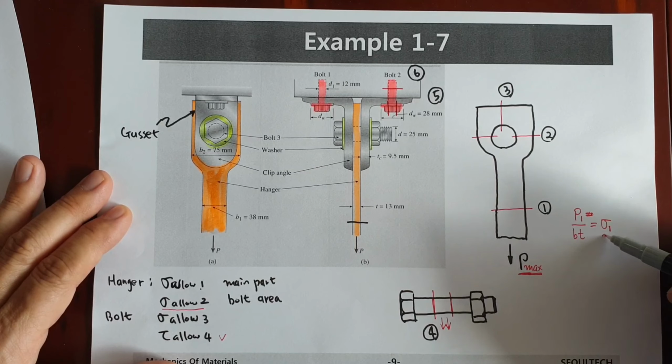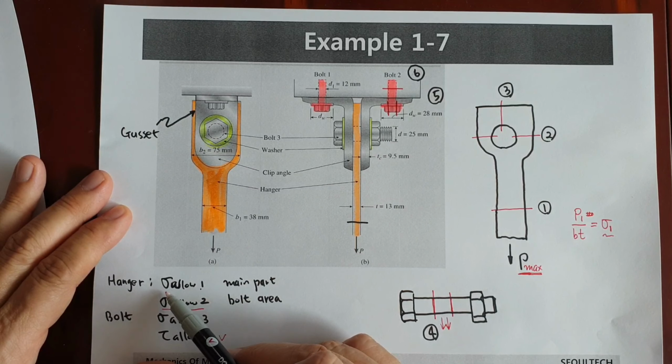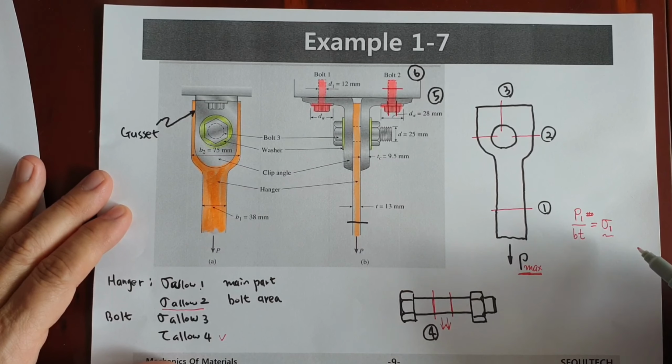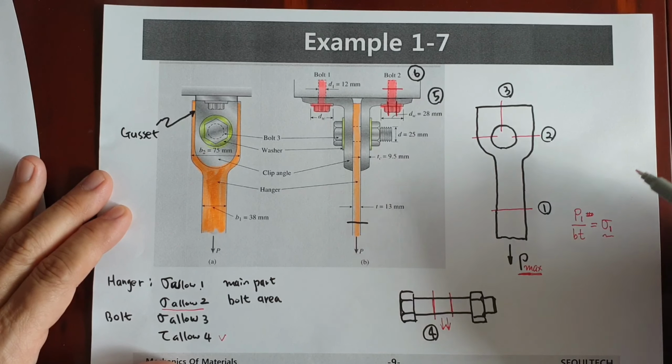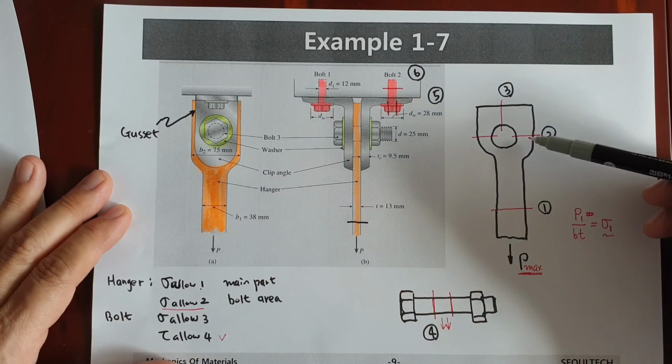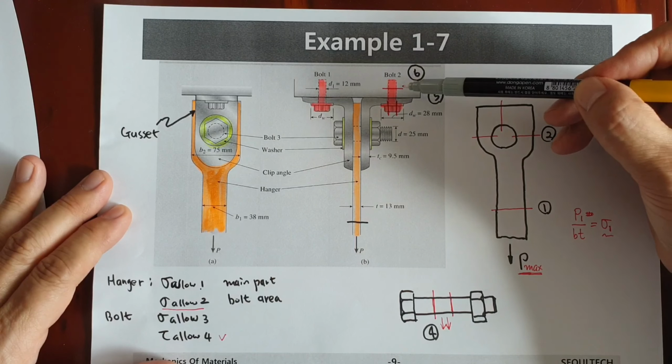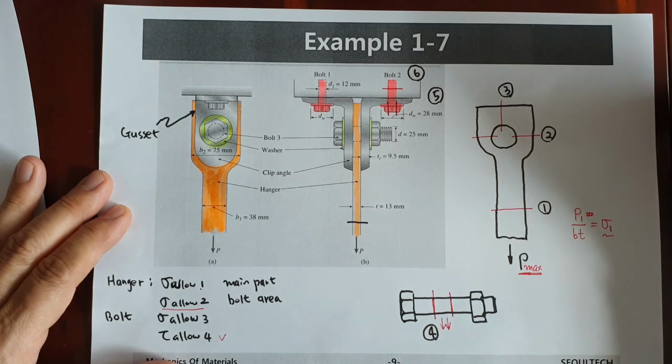Okay, we can compare sigma 1 and the maximum allowable stress. Then we can find the maximum allowable P1. And in the tension and compression case, we can apply this kind of relationship. That means at this position as well, maybe here 6, this position as well. With a similar method, we can calculate every position.